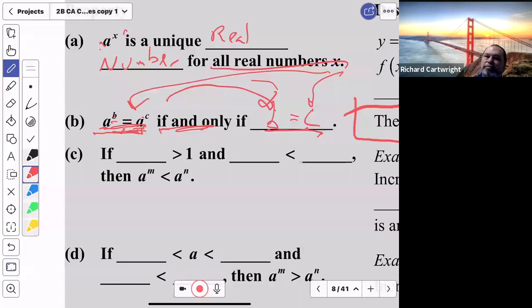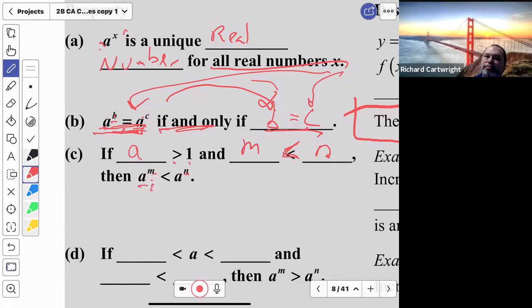Now, in this one, if a is greater than 1, like I just used a 3, and now I'm going to talk about the two exponents, m and n. And m is less than n, then we know that a to the m has to be, did I have them in the right order?